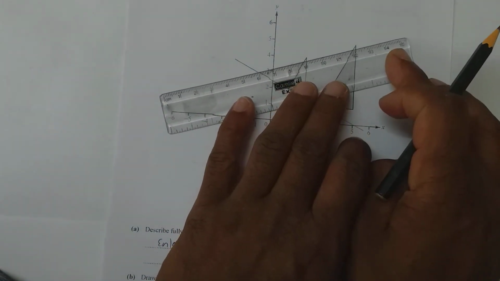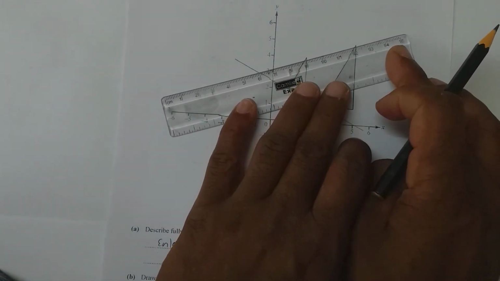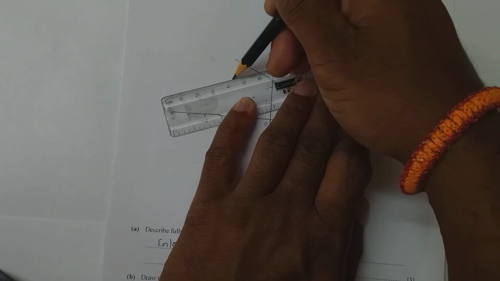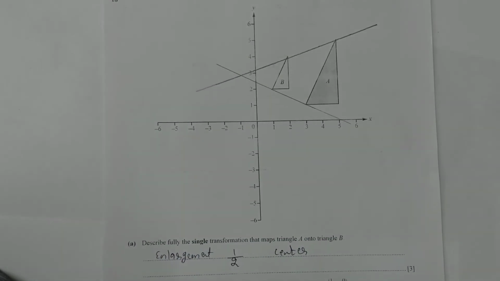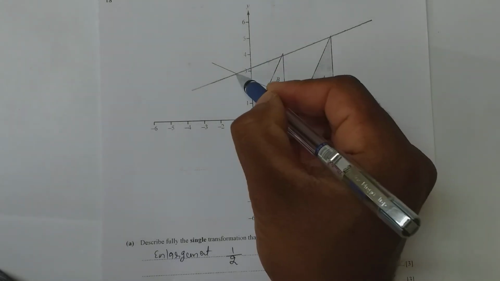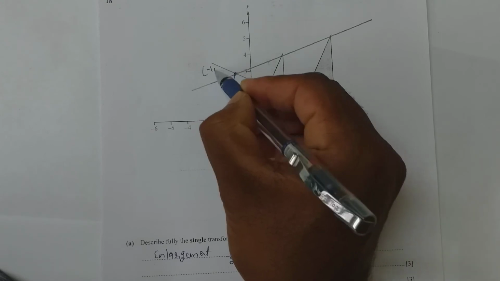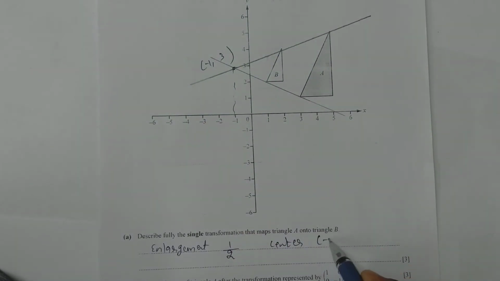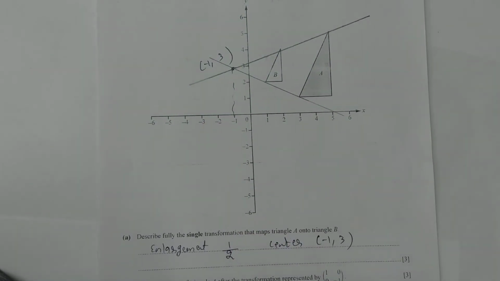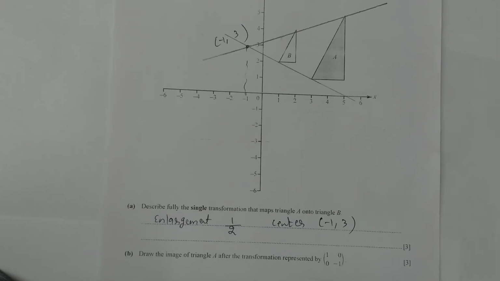Join one more point. Join these two tips now. So wherever they meet, that is your center. So they meet over here. So this is nothing but minus 1 comma 3. That is your center. Did you understand? Finding the center in the enlargement case is easy.